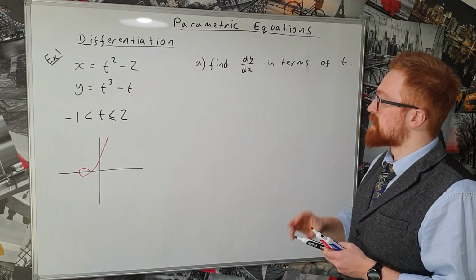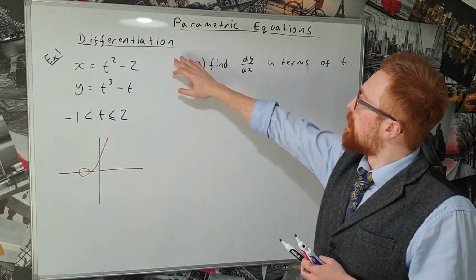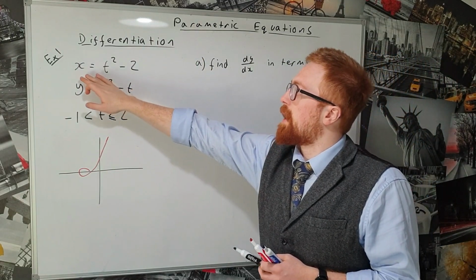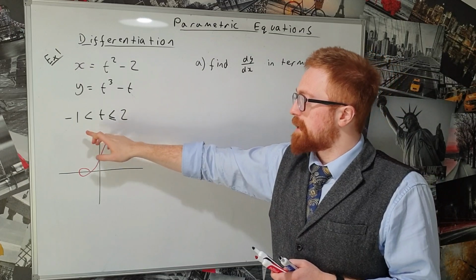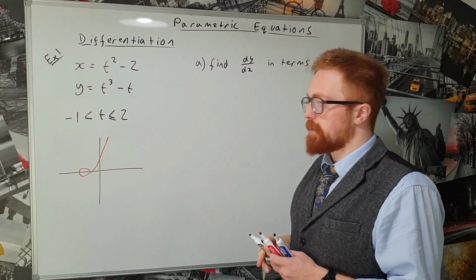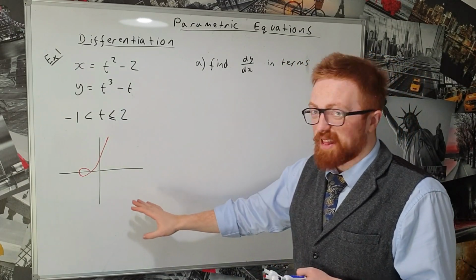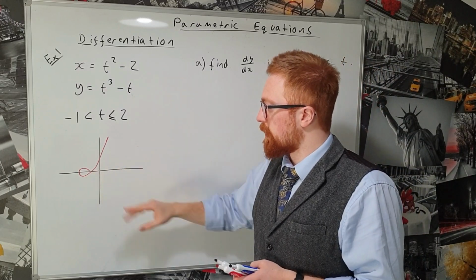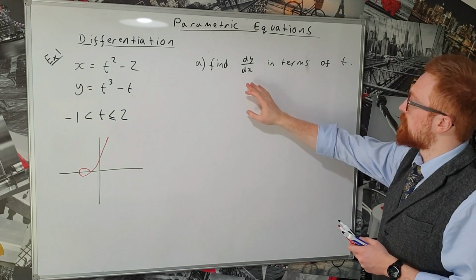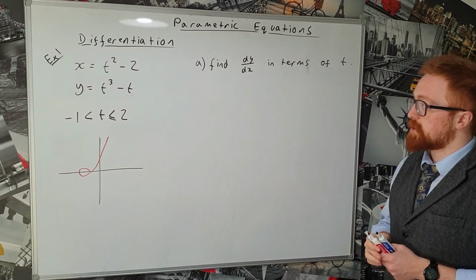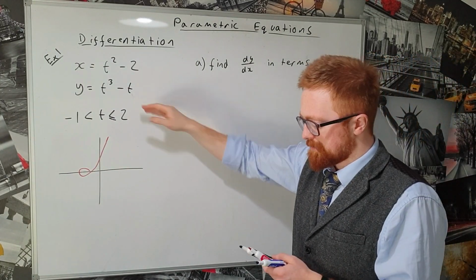Okay, so in our first example of this, we're given a parametric equation, x is t squared minus 2 and y is t cubed minus t, for values of t strictly greater than 1 and less than or equal to 2. And in this case we're actually given a sketch of what the curve looks like. And for the first part we're asked to find dy/dx in terms of our parameter t.